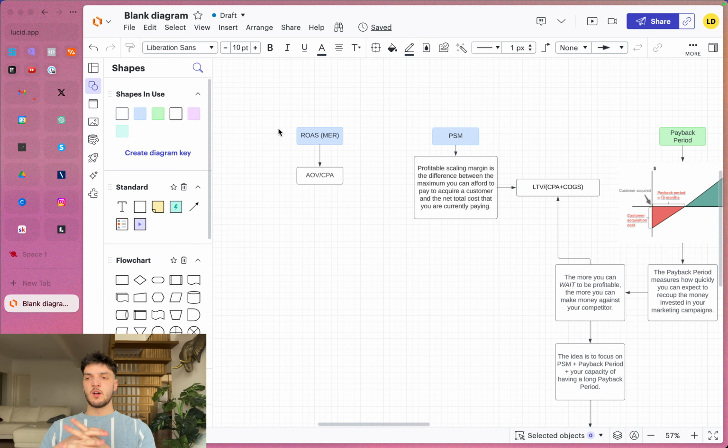There is a good chance that you are looking at your data this way. You're probably looking at the ROAS or the MER, which is basically the ROAS but on the whole business. And as you know, the ROAS is basically the AOV divided by CPA. There is an issue with this, because the AOV is not something that you can change with your ad or your creative.